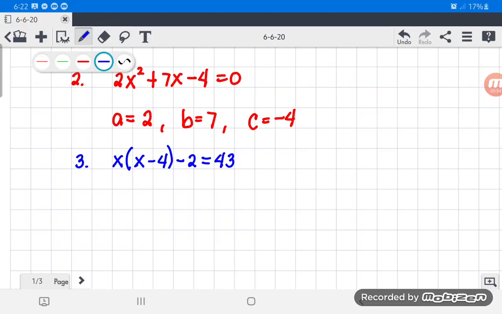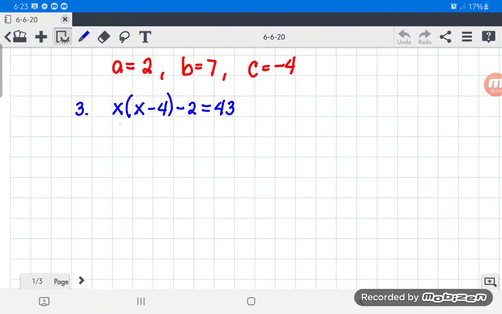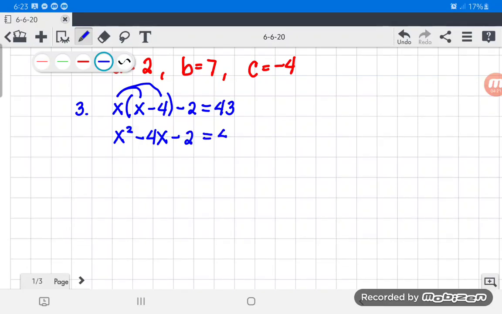So we have to multiply first x to the first term of this binomial. We have x times x, we have x squared. Then x times negative 4, we have negative 4x. Then you just copy negative 2, then equals 43.